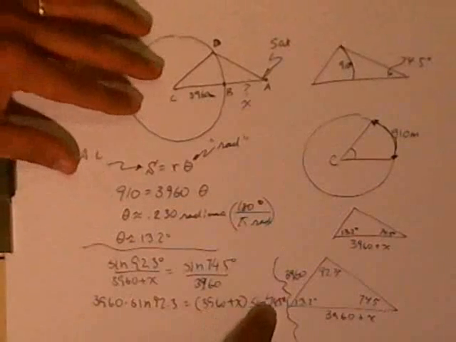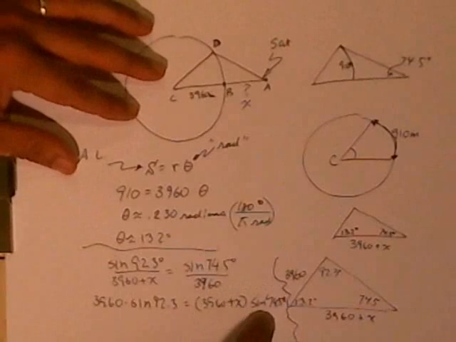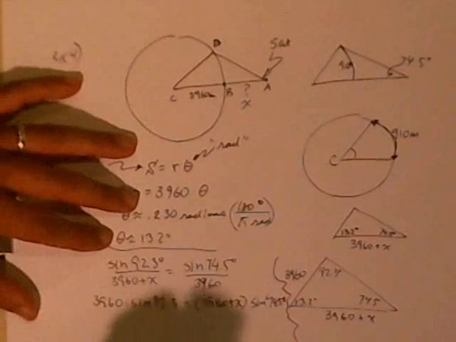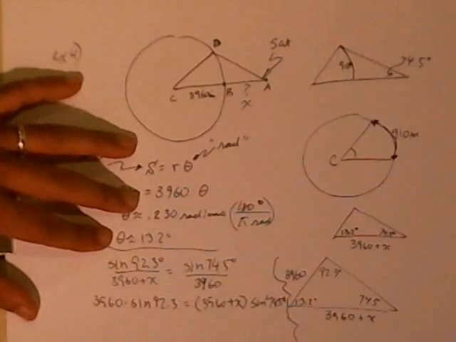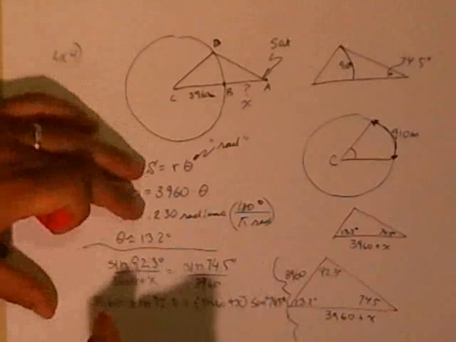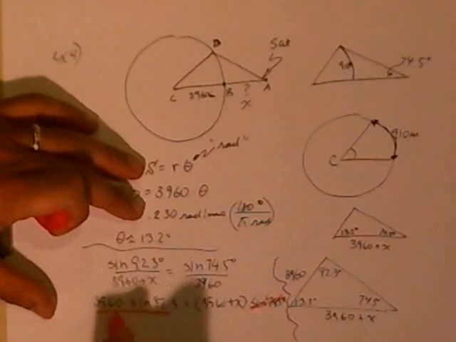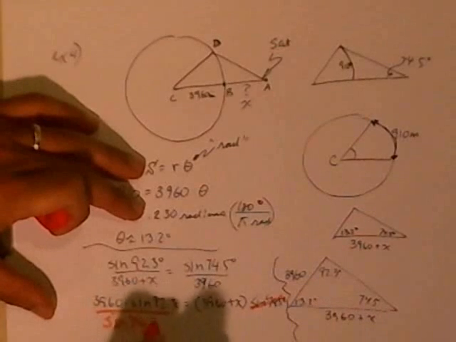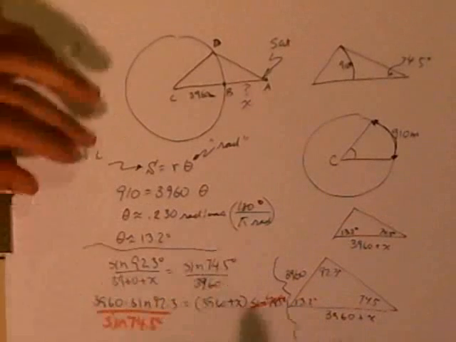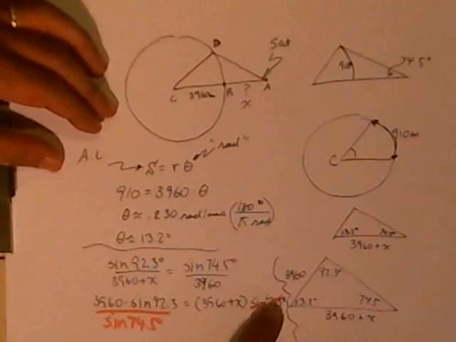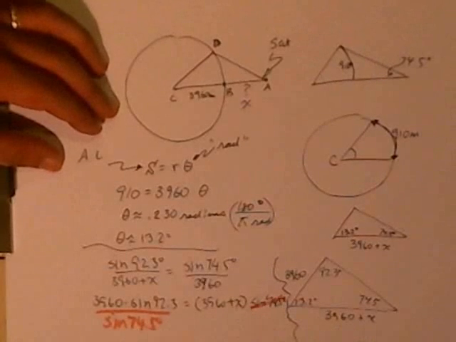And we can distribute at this stage, or since these are being multiplied, I can divide it by the sine of 74.5. I end up with this times this, so I divide it by that, and that's what I end up with.